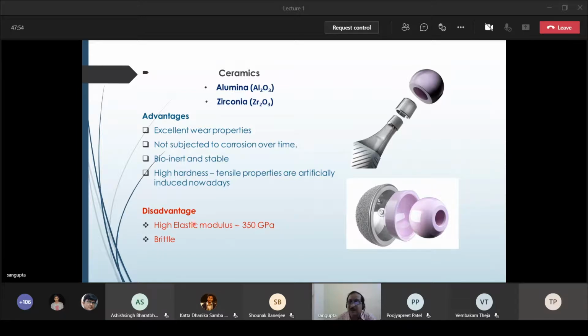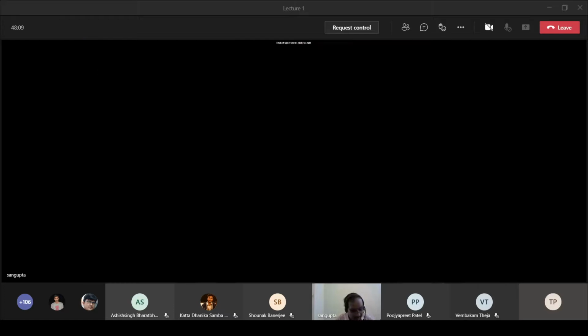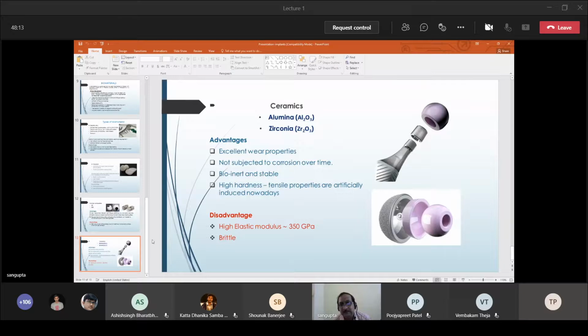So it's a highly rigid material, and there are still some concerns about the brittle properties, which can result in fracture of the component. So that's it. A general overview of implants and biomaterials.